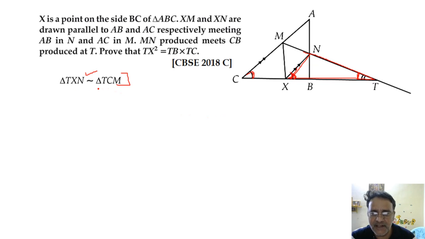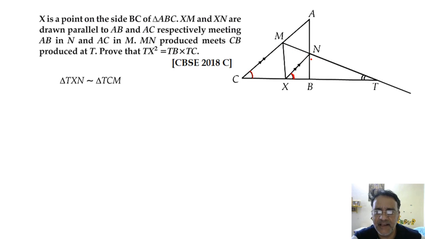Now if these two triangles are similar, their corresponding sides are proportional. Now how to identify the corresponding sides? First triangle TXN, the side opposite to this angle, what is it? NT. Okay, so I call it TN. And for this full triangle, TM.